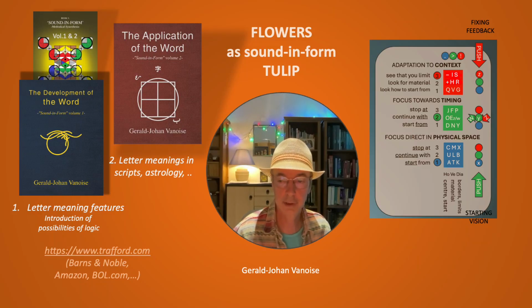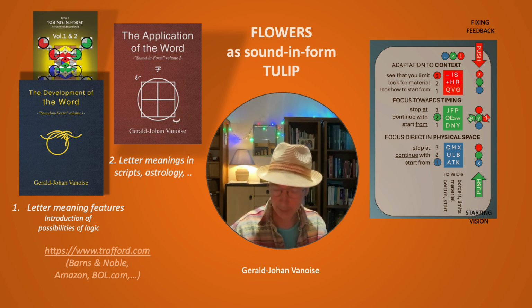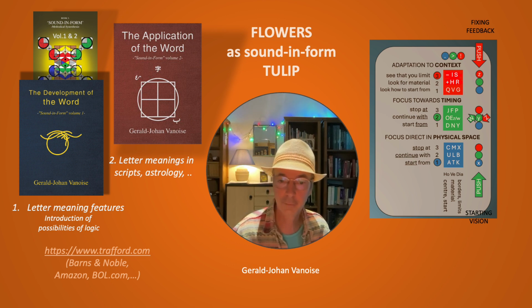This is Gerald Van. Since letters are presentations of orientations in space and time, you can also combine them and find out what kind of forms fit to these orientations.